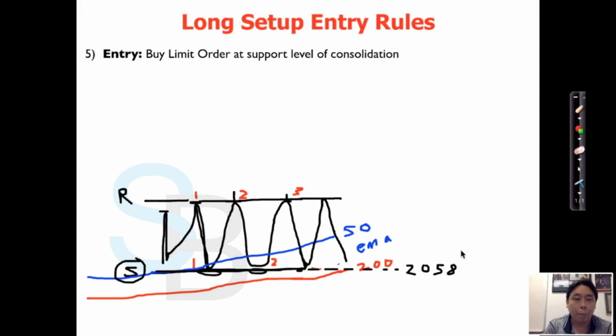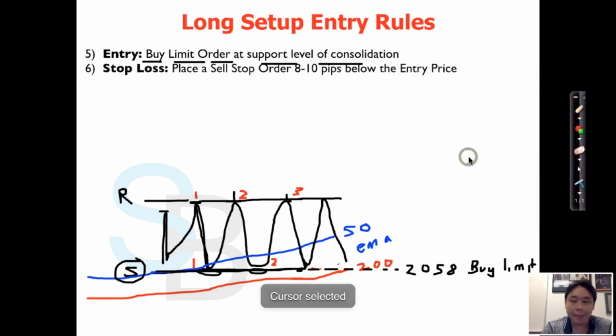So I'll place my buy limit order at that level of support, which would be at 2058. So this would be my buy limit order. So what does this mean? This means that if the price goes to 2058 or lower, it will execute the buy order, and I'll buy at 2058 or lower.